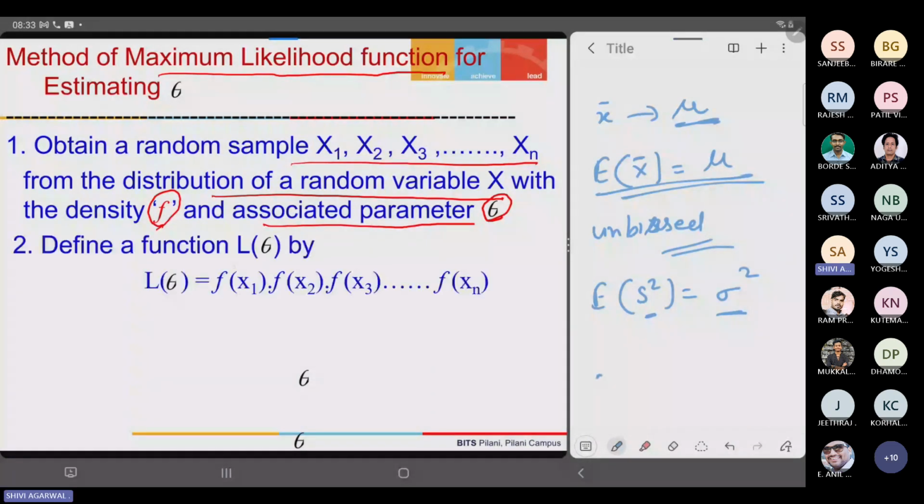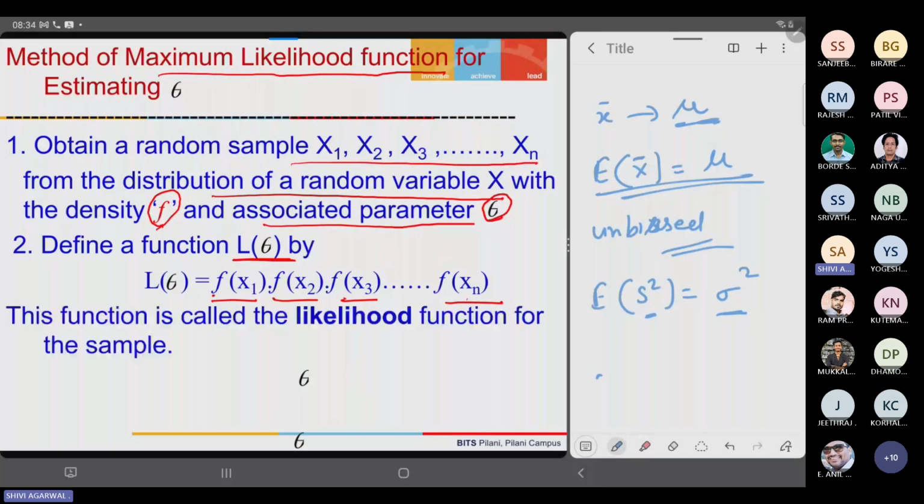Now we define the likelihood function, that is the product f(x1), f(x2), f(x3) up to f(xn). That is the joint density function, which is the product of the marginal density functions because they are independent and identically distributed. That's why we use only f, because they have the same density function. This is known as the likelihood function for the sample.